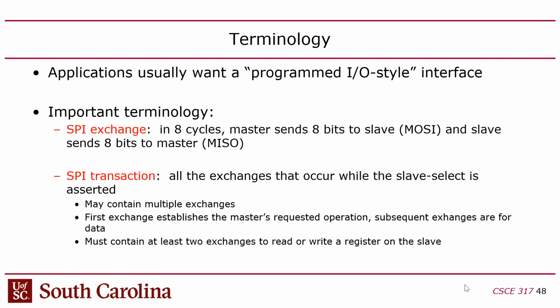So in that first 8 bits that's sent, you have to squeeze in whether it's a read or a write operation, as well as, for example, if you want to do multiple words, multiple bytes in the data section, and the address. So what I'm trying to say is it starts to look like a network packet, where the first exchange is kind of the header of the packet, and then the subsequent exchanges are the payload of the packet, the data payload. You guys with me? So that's basically what's happening there.